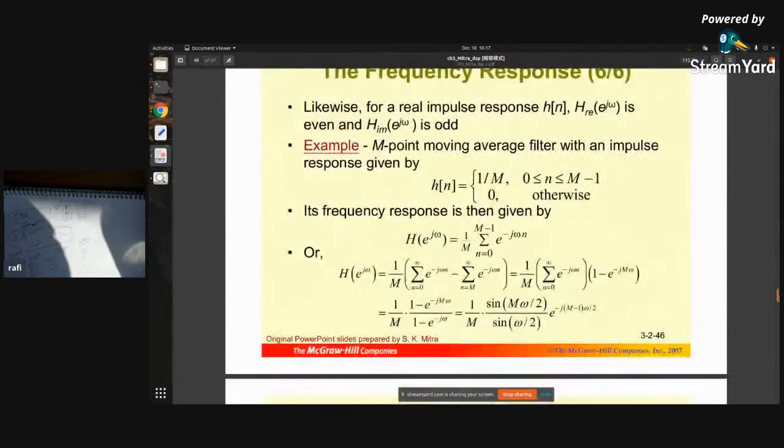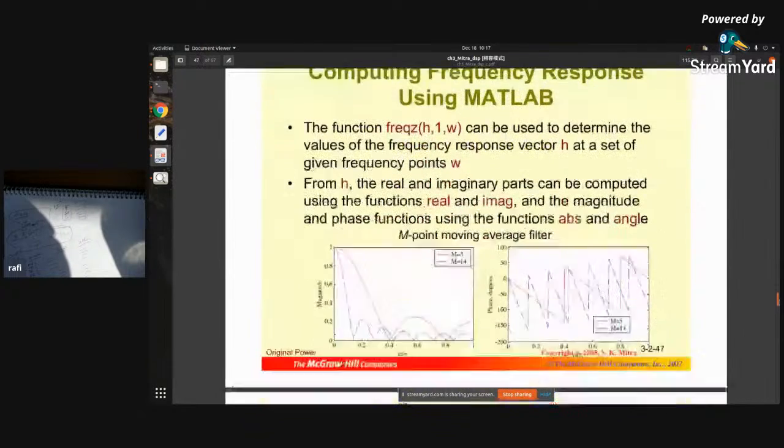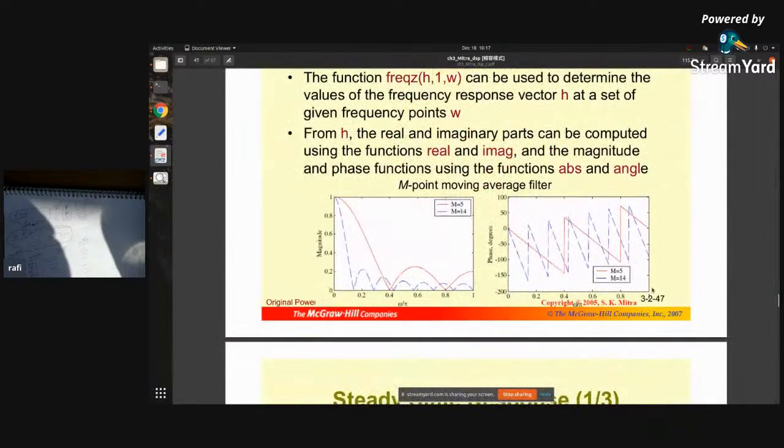If you want to see more, this is the DTFT for different m values. M equal to 14 means it will take 14 samples and average. M equal to 5 means only 5 samples it will take and average. This is the order of the moving average filter, or we call it the m point moving average system.